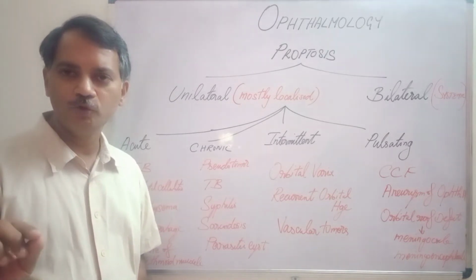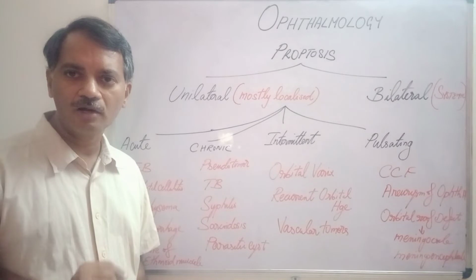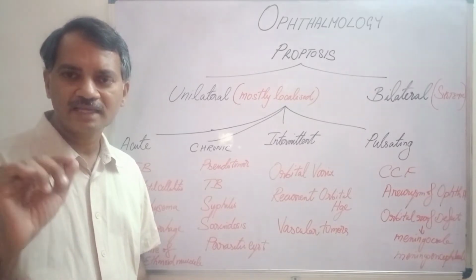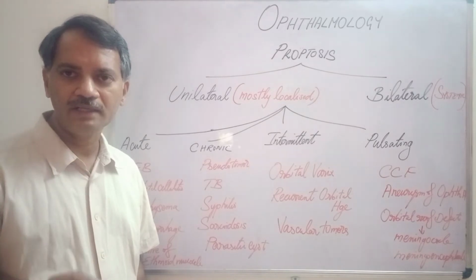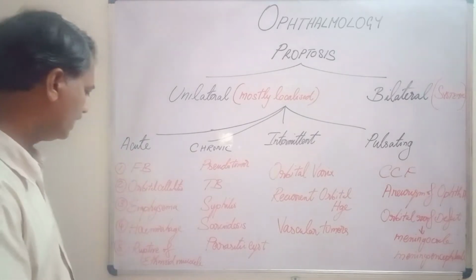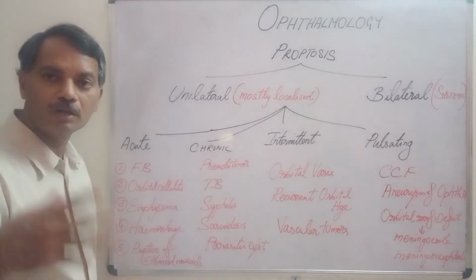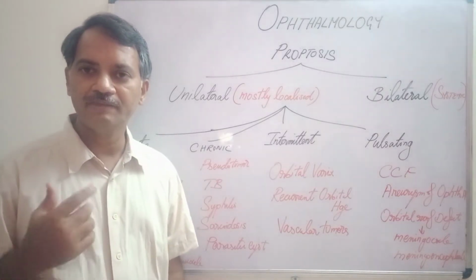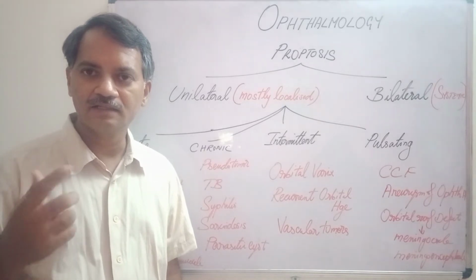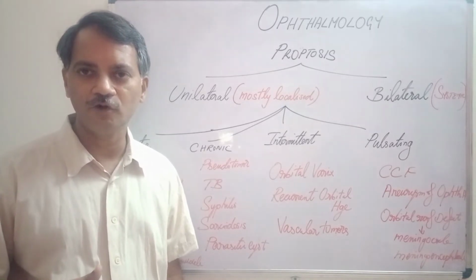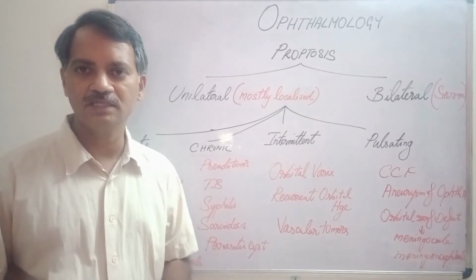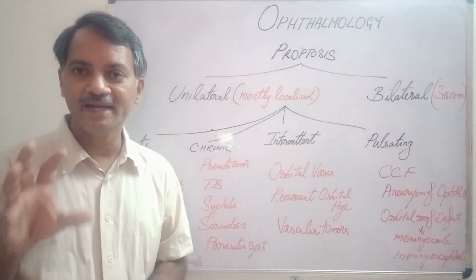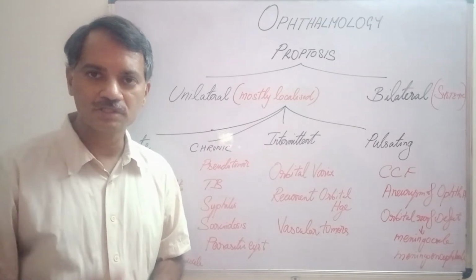This may be due to a fracture in the orbit leading to leakage of air from the sinuses, most commonly the ethmoid sinus. Next is hemorrhage, retrobulbar hemorrhage. Most of the time, whenever we give an injection, that is the anesthesia of the orbit for doing a surgery, a retrobulbar hemorrhage can occur leading to proptosis.